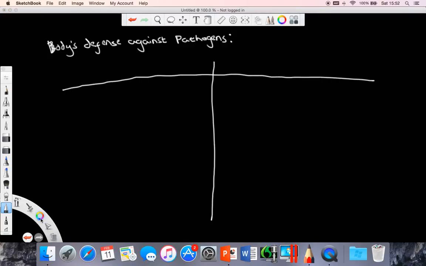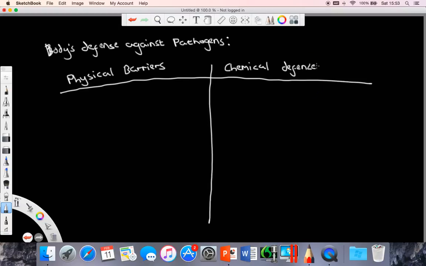Okay? Your body has something called physical barriers. So these are the actual things that stop pathogens from getting inside of your body. And it also has chemical defenses.